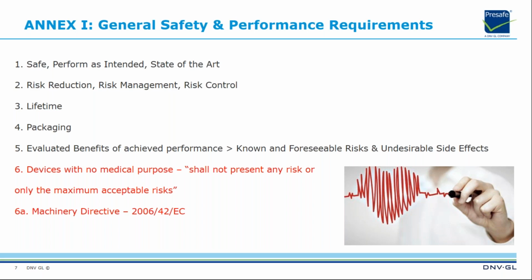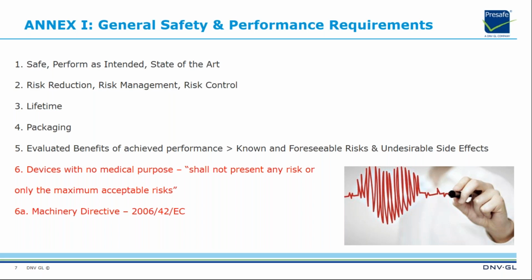These requirements cover providing a risk management file, including safety and performance and also risk-benefit issues. Item 3 is about lifetime of product, including shelf life, expiry date, and something like this. There are also requirements and safety performance about packaging. The evaluated benefit of achieved performance must be more than the known and foreseeable risks and undesirable side effects.